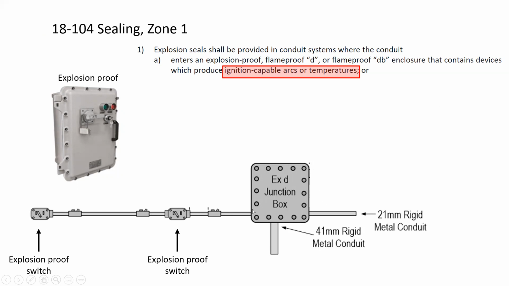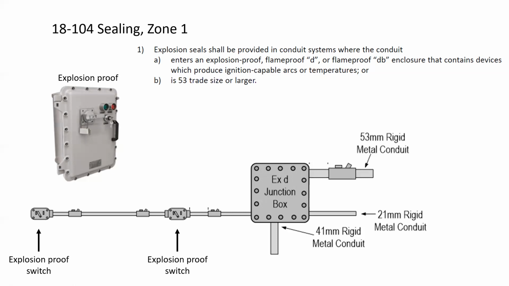This is a little bit different. This is a junction box where we would have splices and taps. Now, splices and taps do not produce ignition-capable arcs or temperatures. Because of that, these sizes of conduit do not require any form of explosion-proof seal. If we go further, item B indicates 53 trade size.